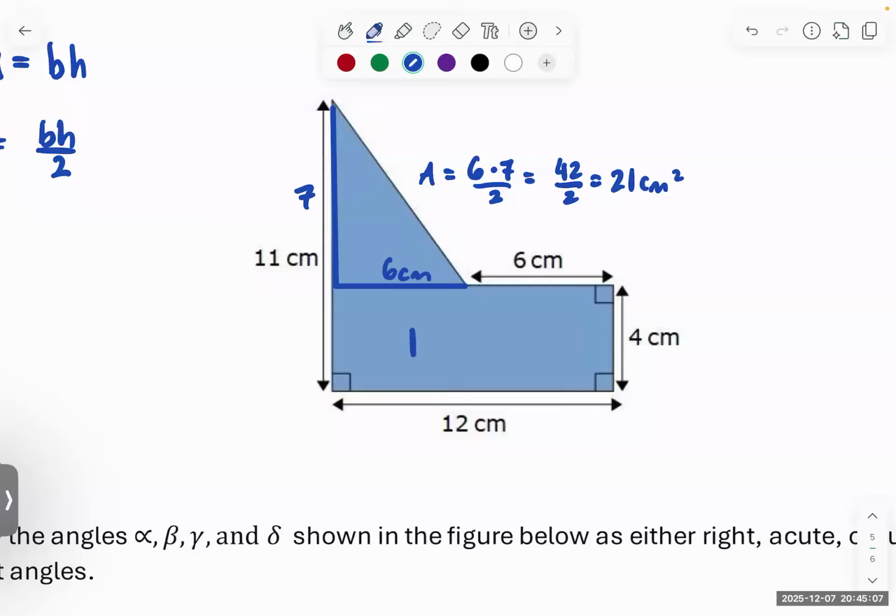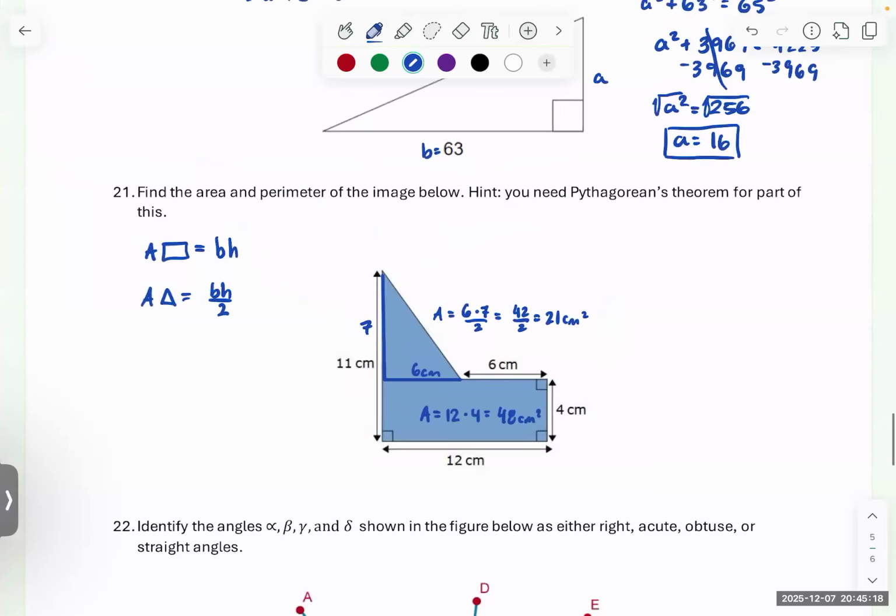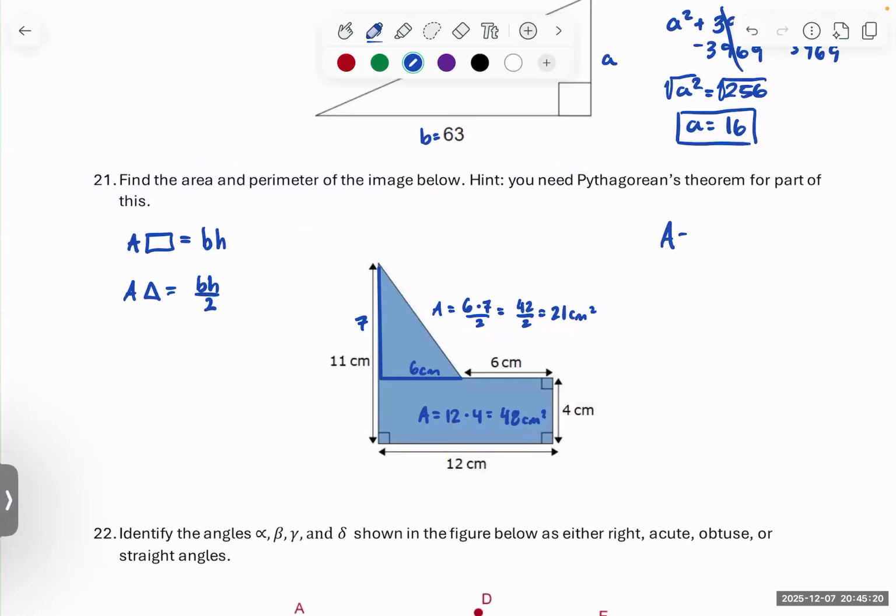And the rectangle area equals 12 times 4, which is 48 centimeters squared. So the area of this image is 21 plus 48, which is 69 centimeters squared.